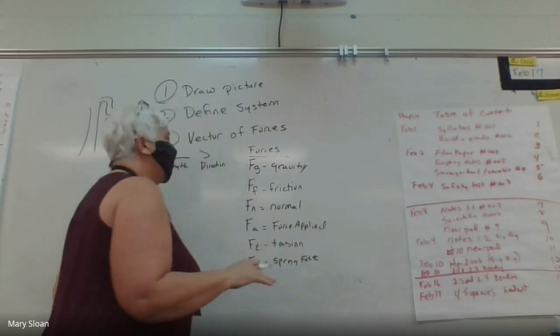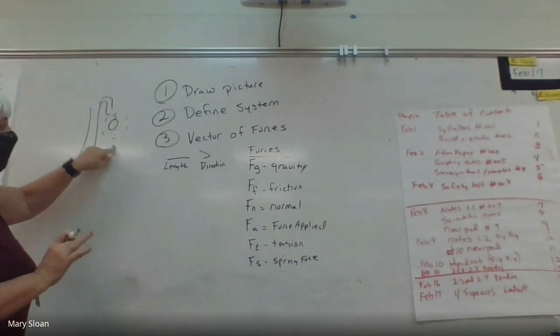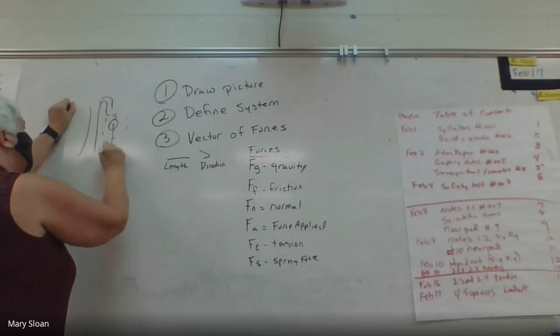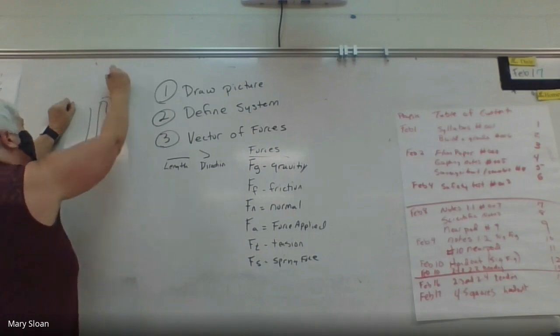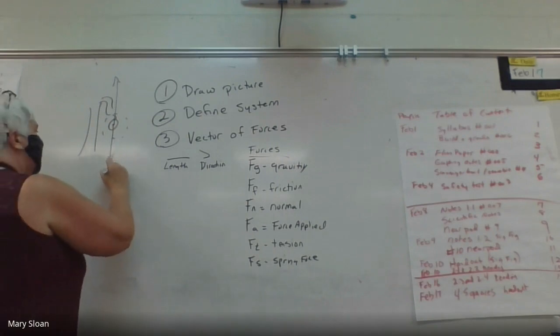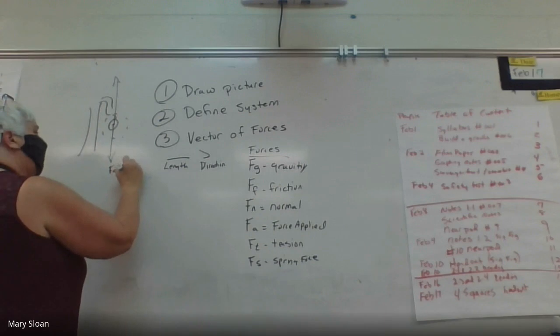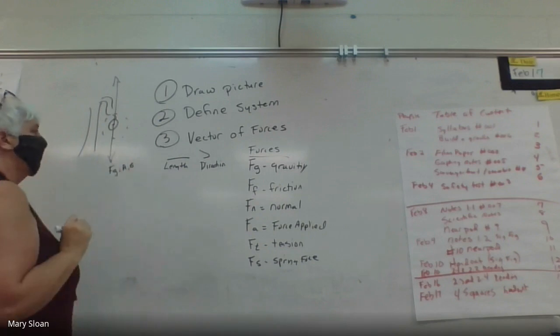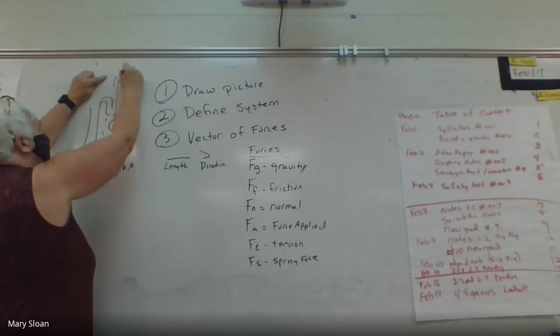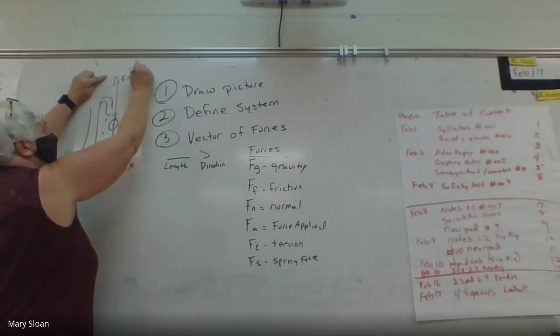Okay. So once we find our system, the next thing we do is draw our dot in the middle. We draw our forces. We will always have force normal and force gravity. Force gravity on the apple by the ground. This up here is force normal on the apple by the air.